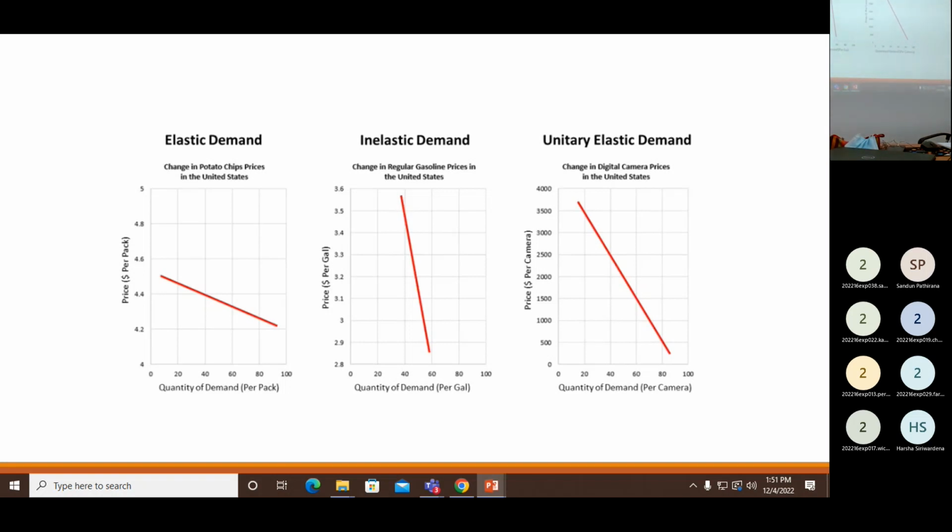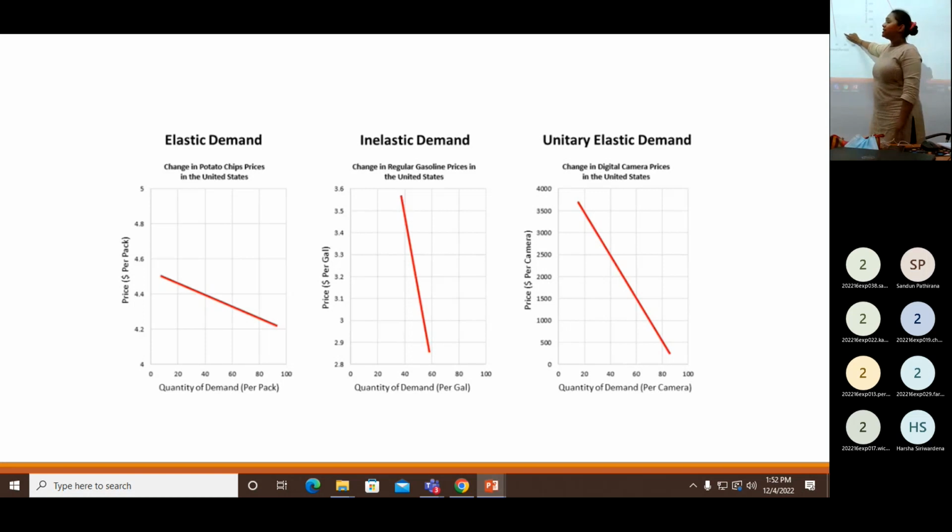Here the price is 4.4, let's assume this is 4.5. Even for a small 1% increment, you can see quantity demanded decrease from 40 to 20. So your curve is very flat. Elastic demand will have a flatter curve.